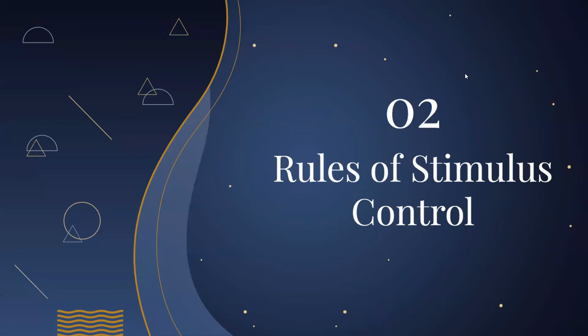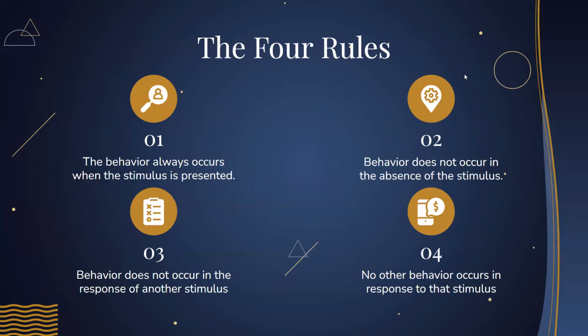And now we will go on to the rules of stimulus control. Here are the 4 rules of stimulus control that you should know. Number 1, the behavior always occurs when the stimulus is presented. Number 2, the behavior does not occur in the absence of a stimulus. Number 3, the behavior does not occur in response to another stimulus.